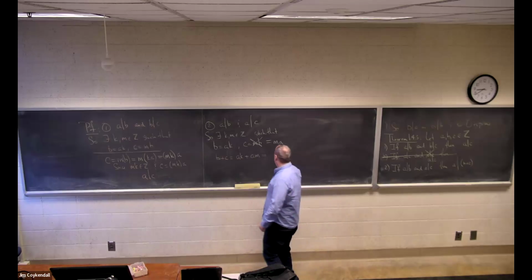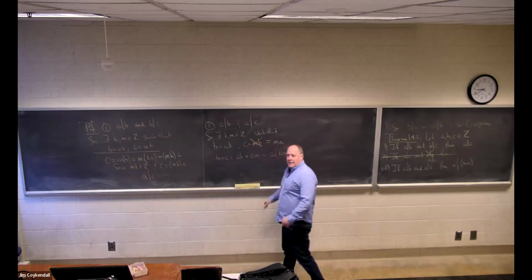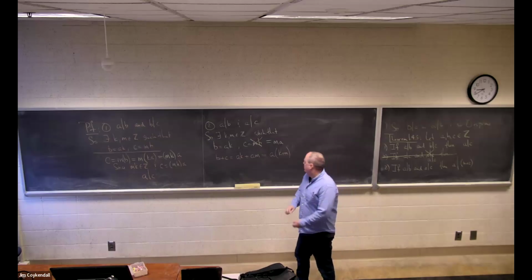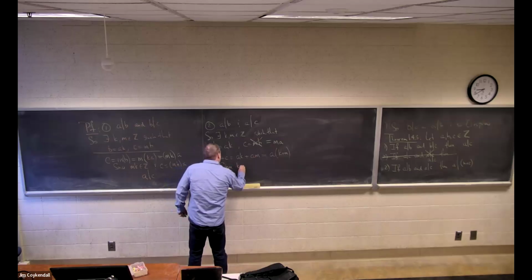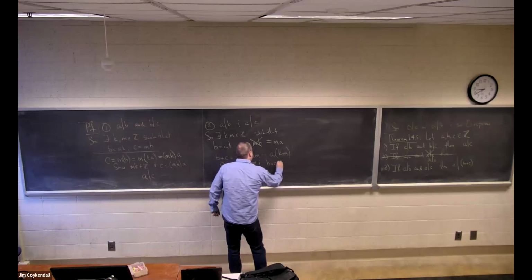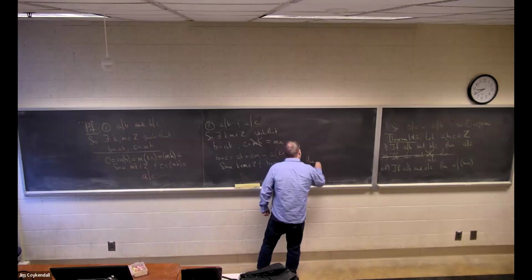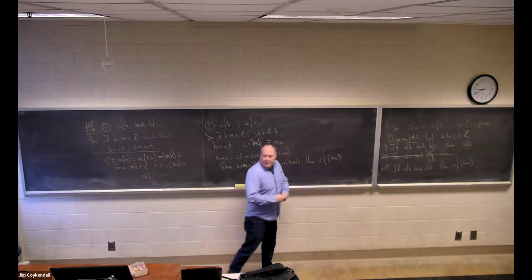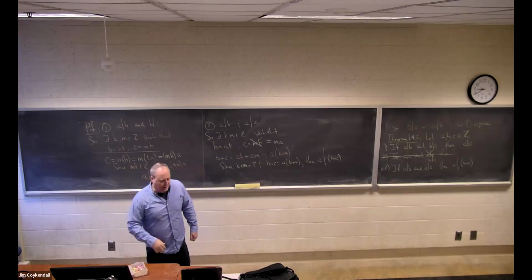I can factor out the A, right? K and M are integers, so what's the status of K plus M? Also an integer. Since K plus M is an integer and B plus C is A times K plus M, then A divides B plus C. Okay, any questions?